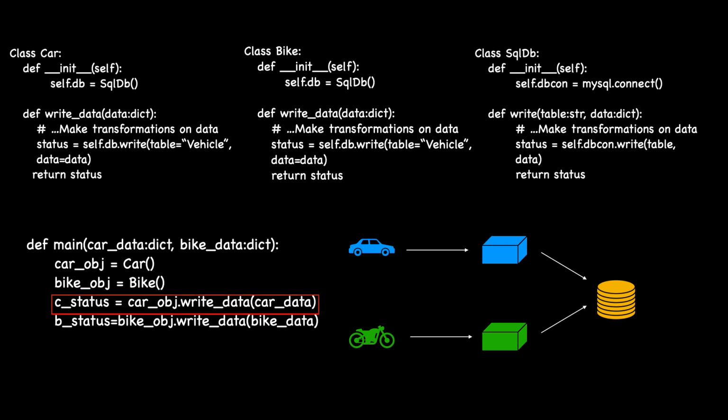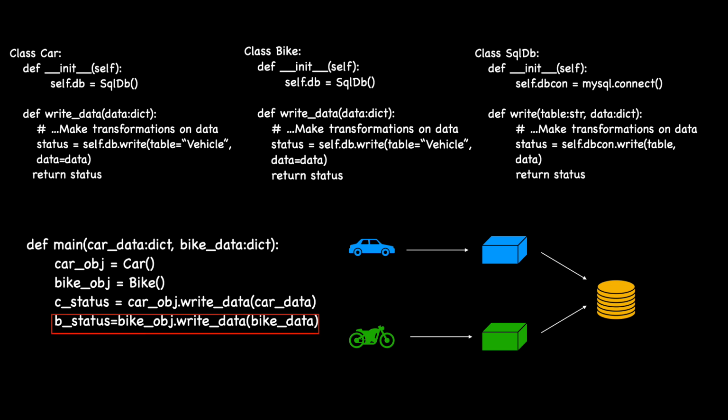Here we use the car object and write the data into the database. In this particular line, the car object will use the SQLDB instance which is created by the car object, I mean the blue one, to write to the database. Once the write is done, either it failed or succeeded, the status will be returned to the car object, and then it will come back to the main method.